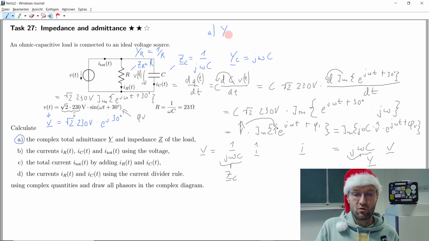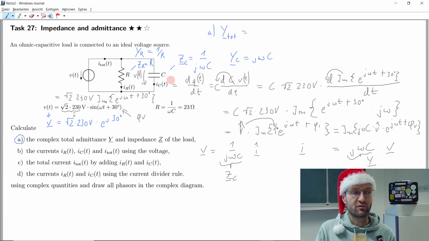And so now the total admittance of our circuit, we have two elements in parallel. Think about this like a conductance. If you want to have the total conductance of a parallel circuit, how do you calculate it? The sum.